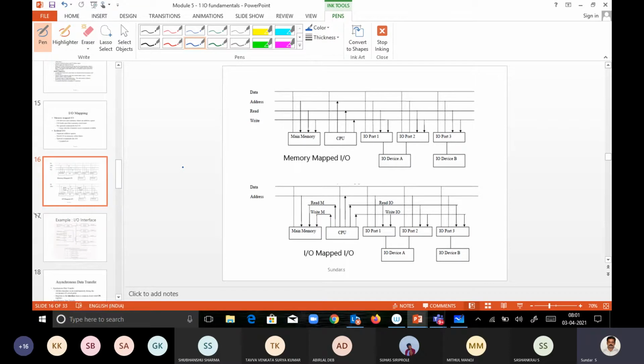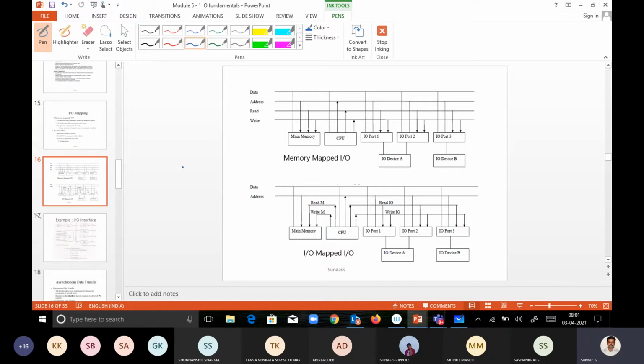We have differences in terms of electrical, in terms of speed, in terms of data handling. So we need an IO interface, which will minimize the differences and help us connect IO devices with the processor.